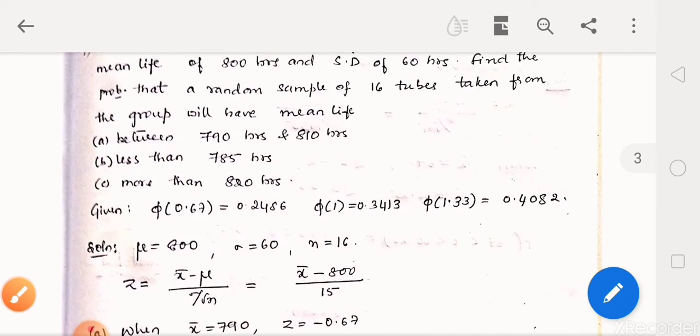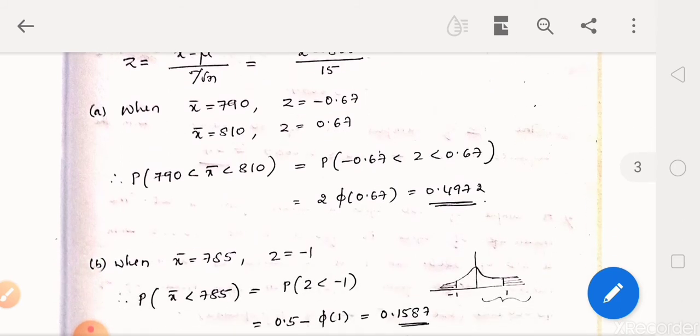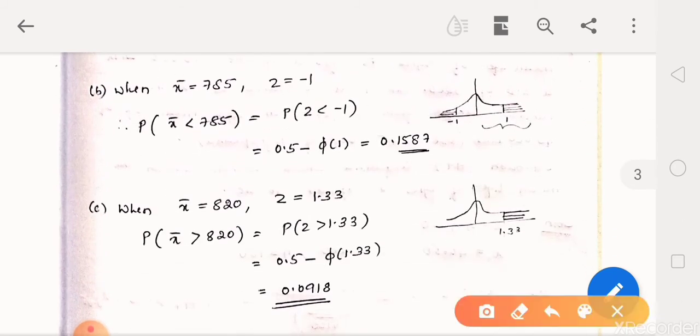C sub question, more than 820 hours. So when x bar is 820, first we will calculate value of z, it is 1.33. So probability where x bar is greater than 820 is same as probability where z is greater than 1.33. Consider standard normal curve.